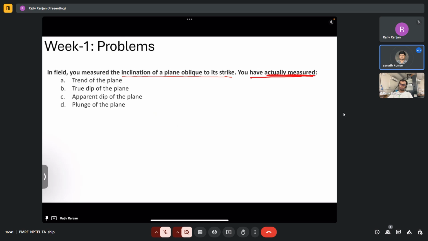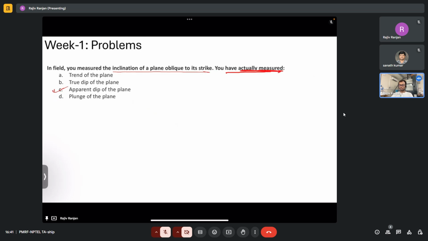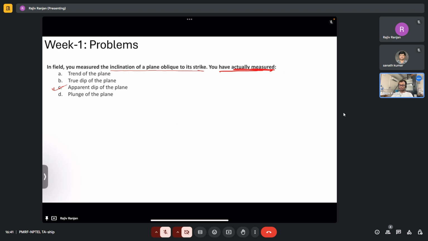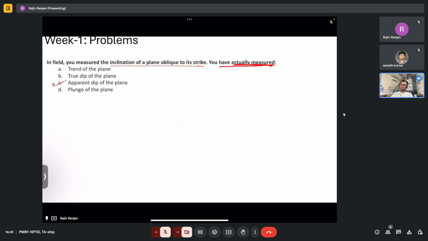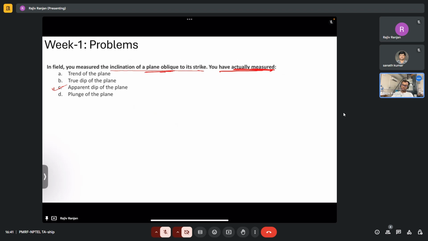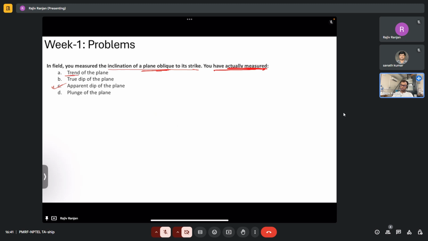Option C, apparent dip of a plane. Right, you have rightly answered. It's very basic that we have seen for the last couple of questions. I don't think there is anything to discuss here, because we know that oblique to the strike, from 0 to 90, it will always be apparent. Trend, it's not true.